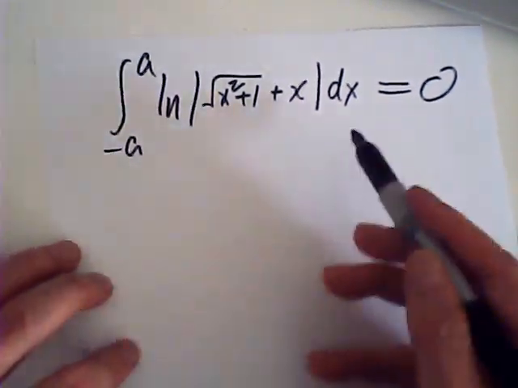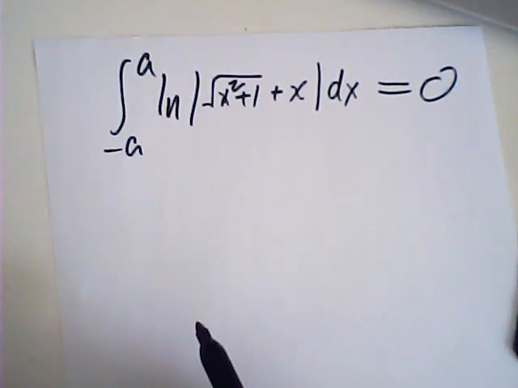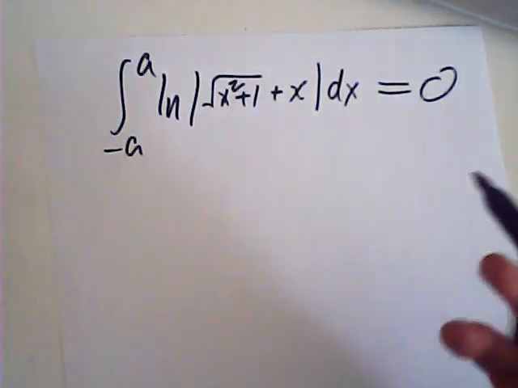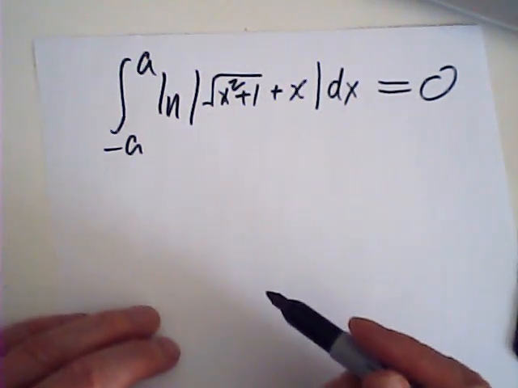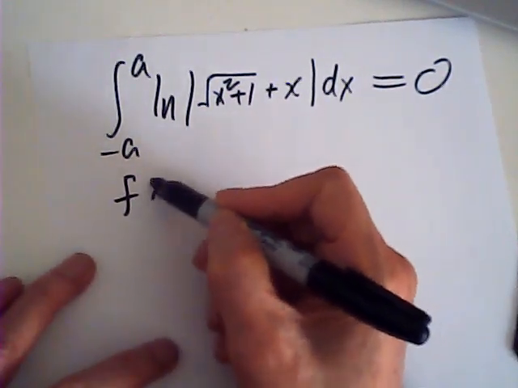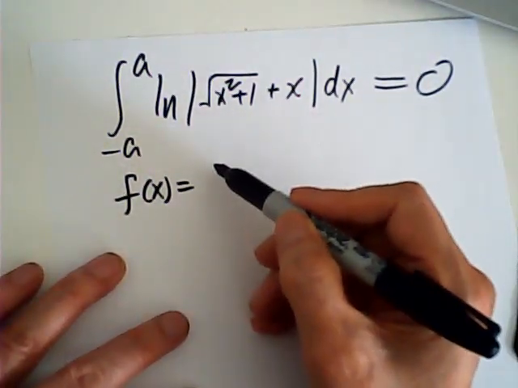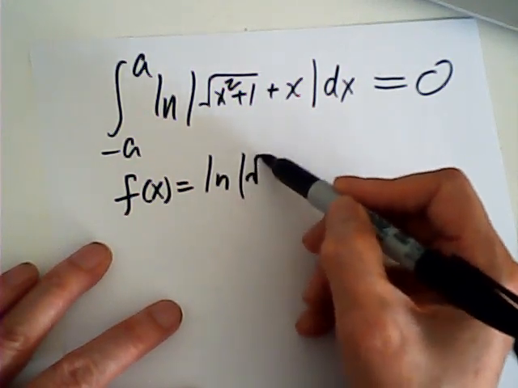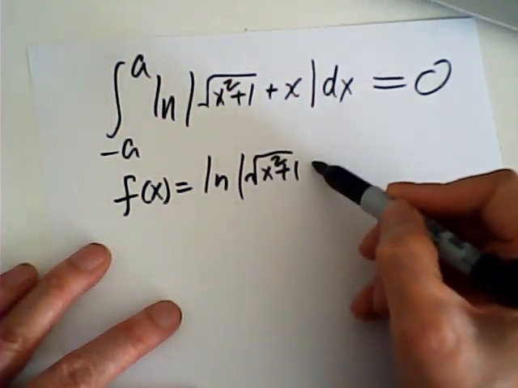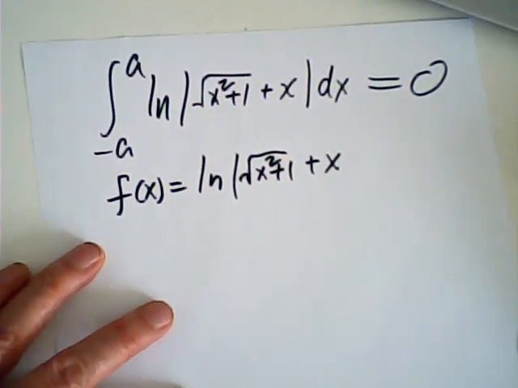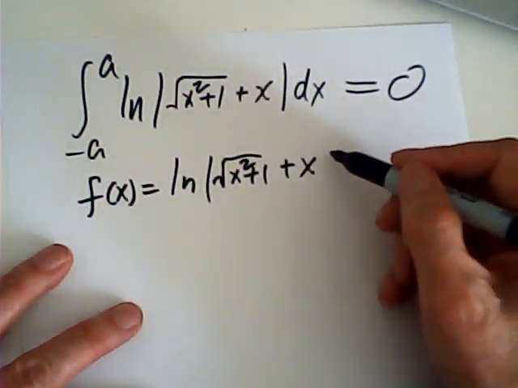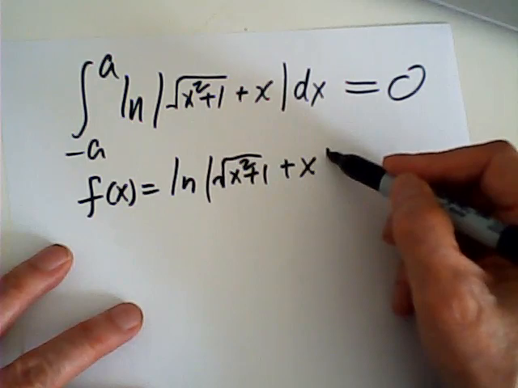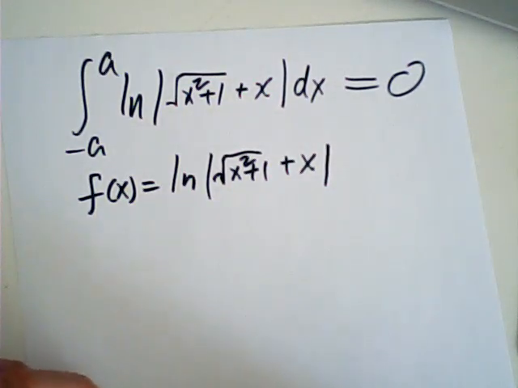Now, how do we know the function is odd? Well, of course, we can verify it, right? We suppose that f of x is equal to log of the square root of x squared plus 1 plus x.